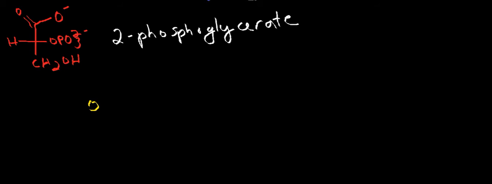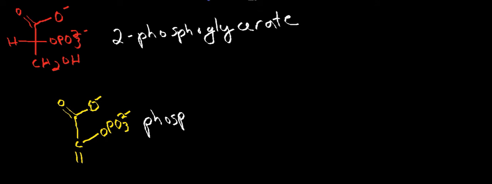We still have our O minus there, but it looks something like this, an enol, okay? So I'll actually draw in the carbon here. You still have a carbon right there, but I'll draw the carbon here so you can see the enol, okay? PO3 2 minus, and this structure here is phosphoenol pyruvate.